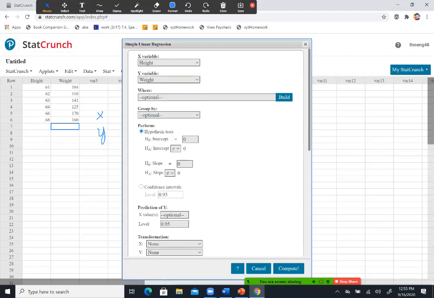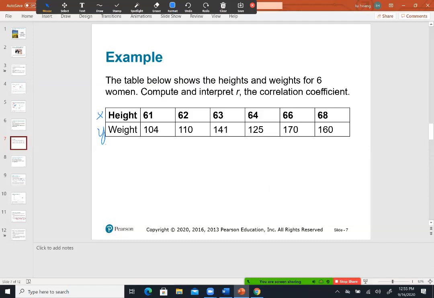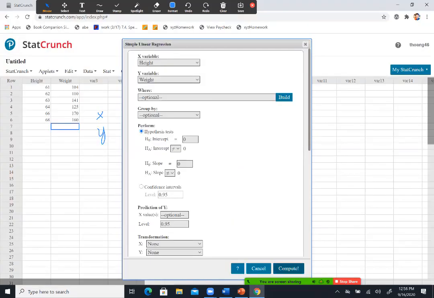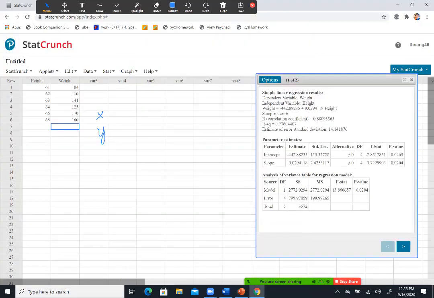Okay, and then you're just going to compute. All right, so now you can see the words correlation coefficient here.